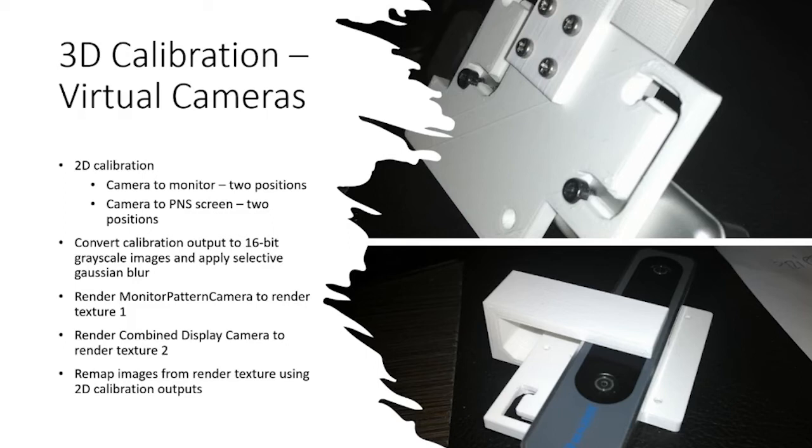So basically what I did with the 8-bit images, I convert them to 16-bit images and apply selective Gaussian blur, which eliminates the vertical stripes and gets a very good estimation of a higher precision image without using gray codes from higher depth.